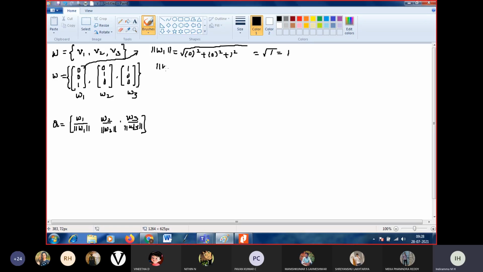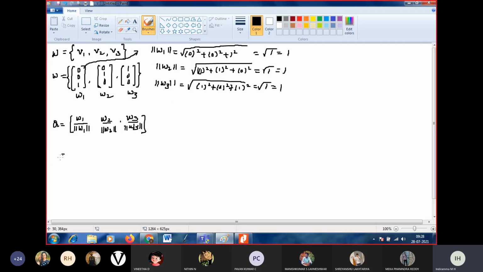Next, norm of W2 is square root of 0 square plus 1 square plus 0 square, which is square root of 1, that is 1. Next, norm of W3 is equal to square root of 1 square plus 0 square plus 0 square, that is also root 1, that is 1.